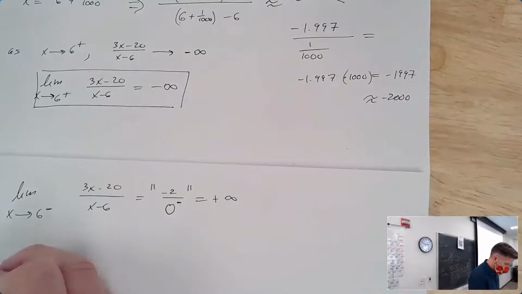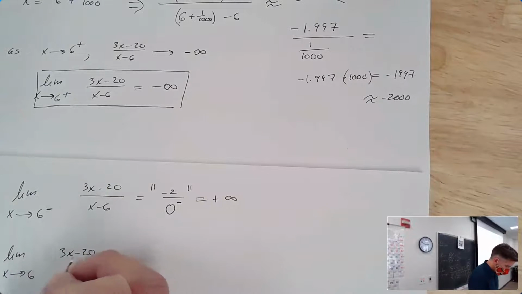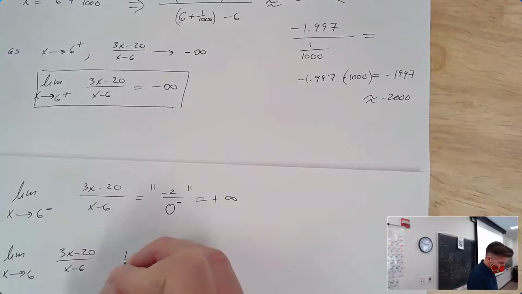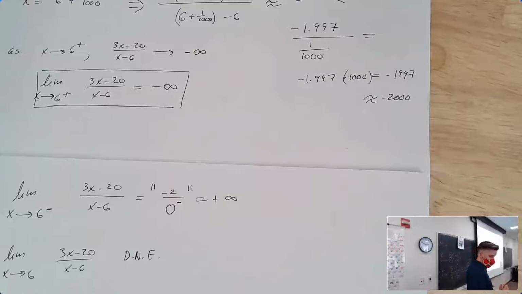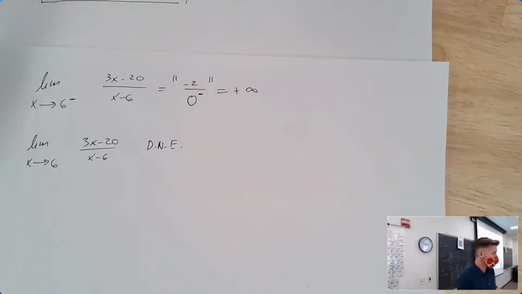I should also point out that if we asked what's the limit as x approaches 6 of this expression, we would say that limit doesn't exist, because the left-hand side is going to positive infinity and the right-hand side is going to negative infinity. And this corresponds to there being a vertical asymptote at 6, right? When the limit as x approaches a real number is infinite or negative infinite, we have a vertical asymptote.